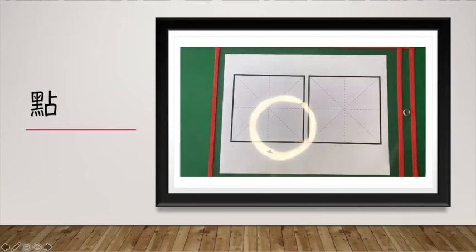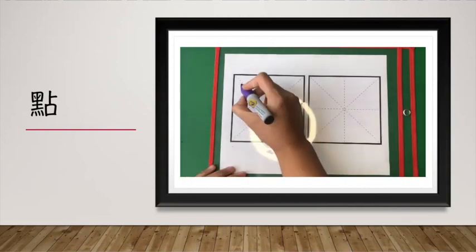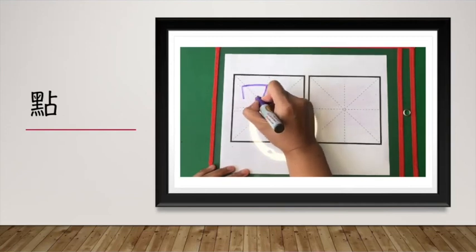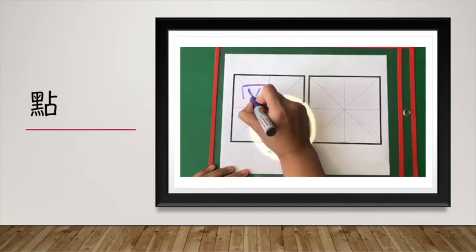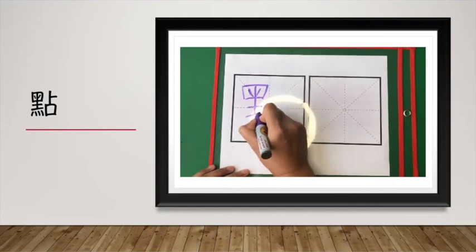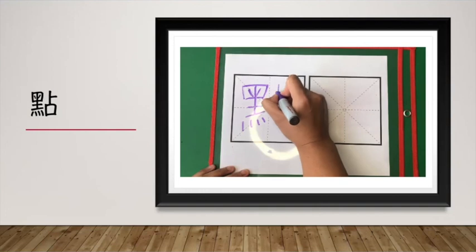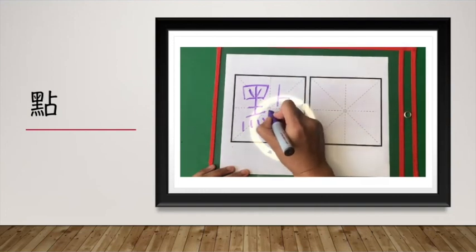If you look at the word carefully, there are 2 parts. There's the left part, which is the word ha. Ha means black. And the word on the right, it is sim. It means a little dot. So a black little dot, well, it is a dot.